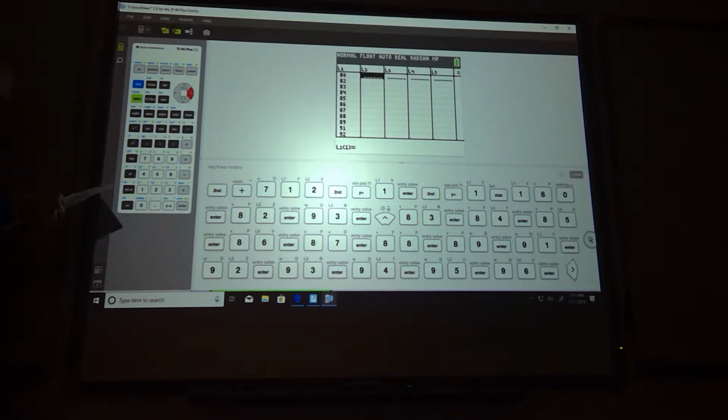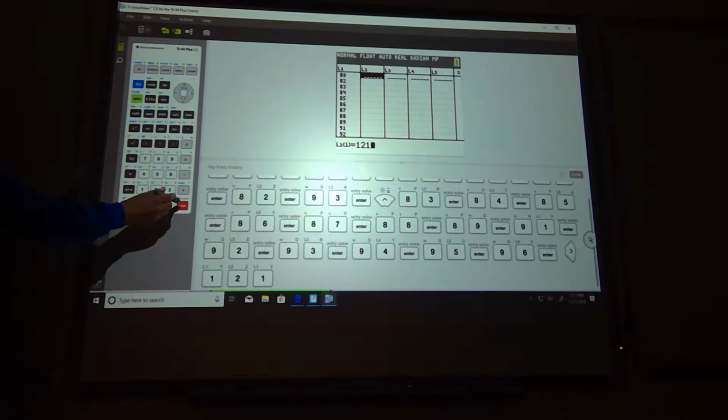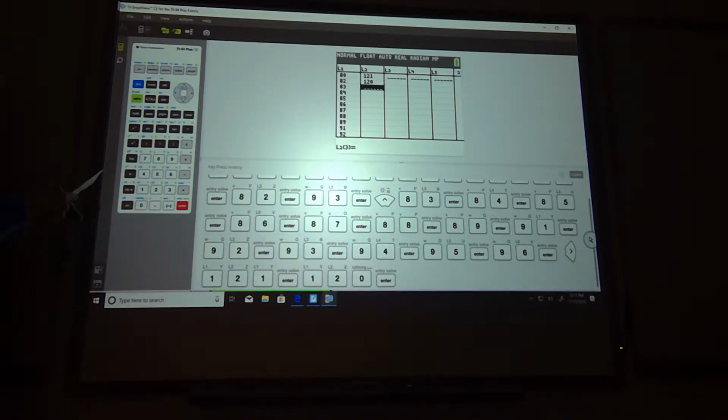Double check your data. So with the 80, I have 121. For 82, I have 120. And again, you're probably looking at the sheet, able to do it just fine. Why is there no 90?